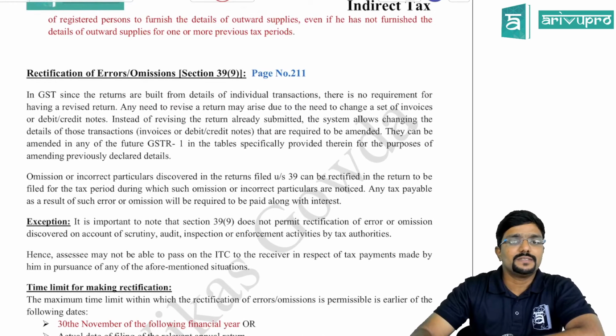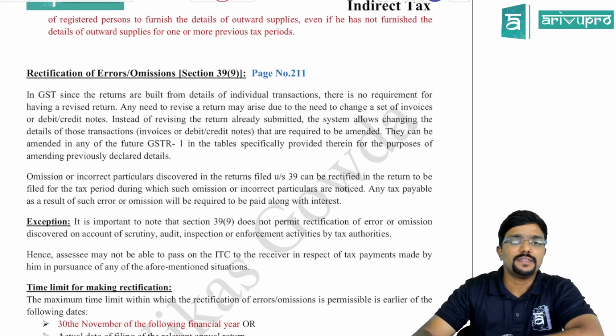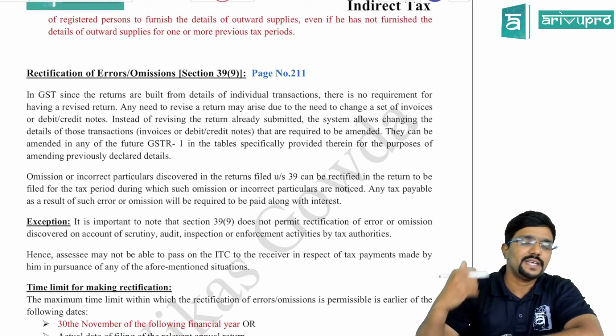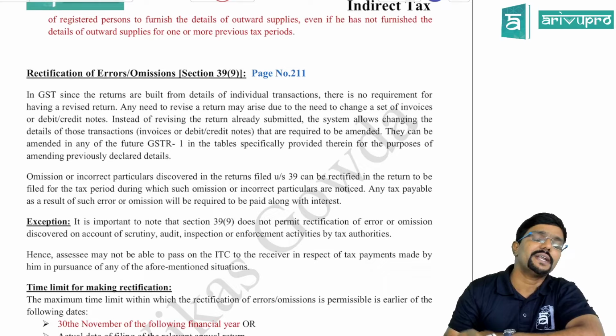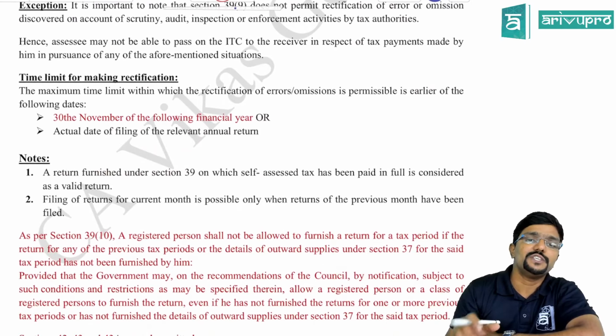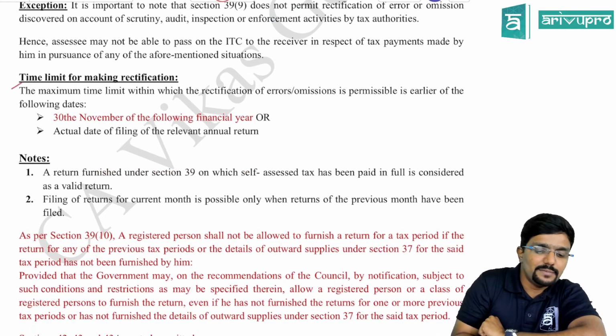Okay. Then similar thing with respect to any returns filed under section 39, guys. Come to page number 211. If there is any error or omission which you have committed in any return which you have filed under section 39, including GSTR-3B, you can rectify them in the month in which you identify it. Okay, but not later than. There is a time limit given.